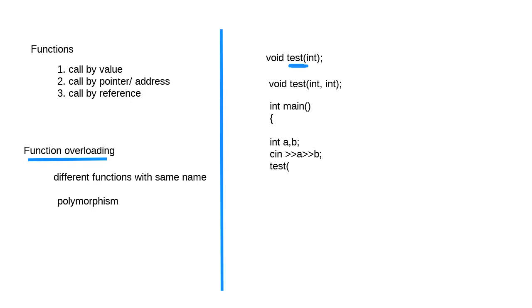Can I say I'll write test and pass only one parameter in this particular call? Just one argument will be passed. And of course, for the second one, I'll pass two arguments, a comma b.